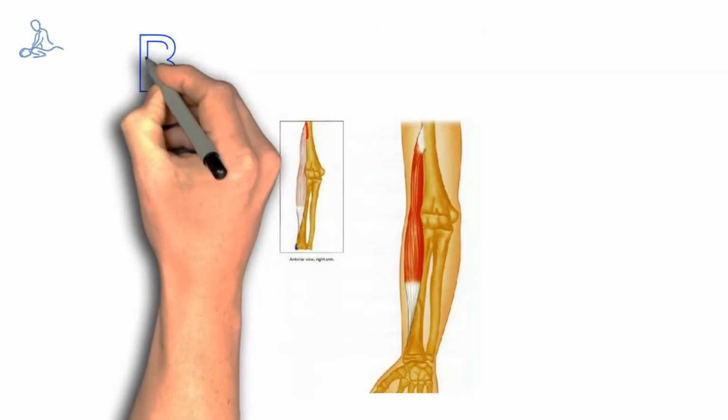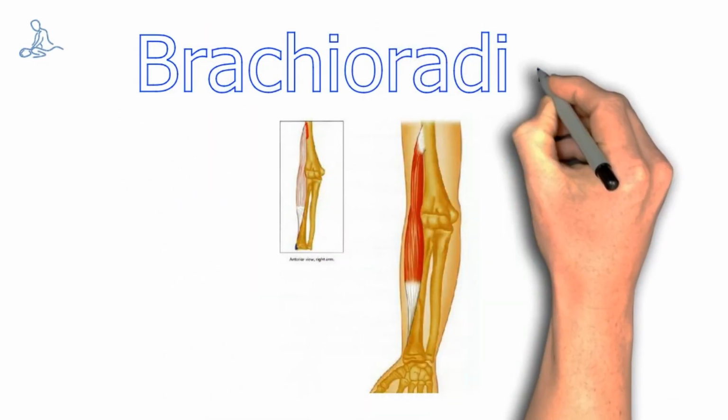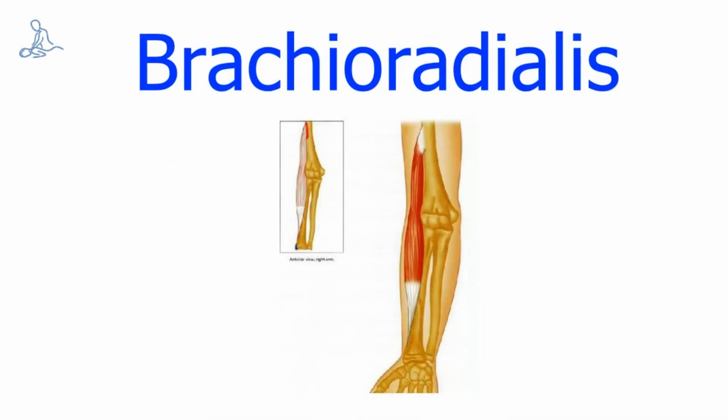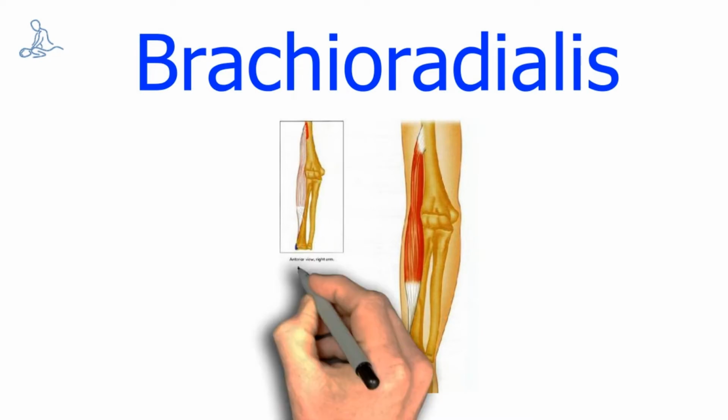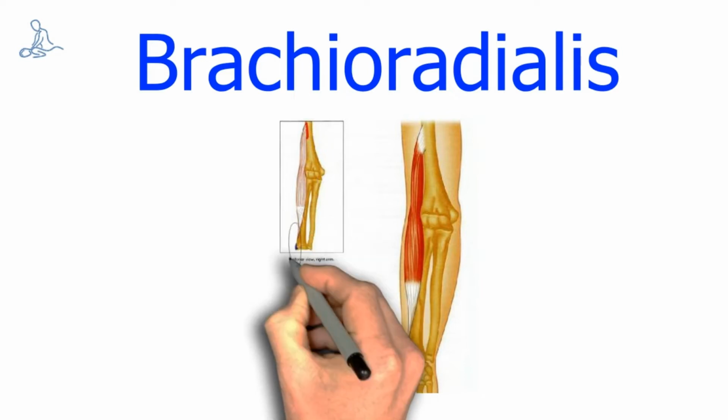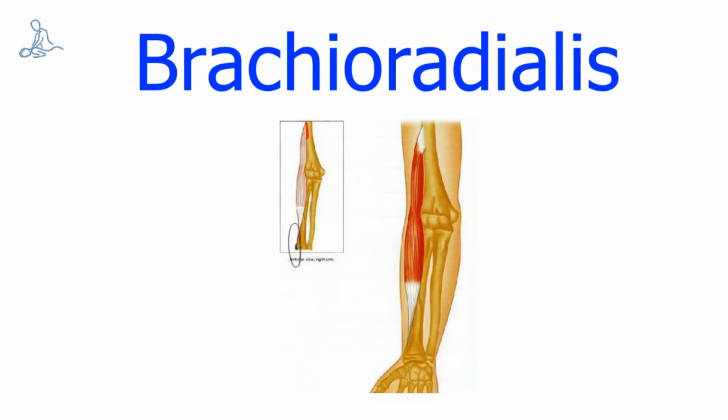Brachioradialis. The origin of the Brachioradialis is the lateral border of the distal humerus. The insertion of the Brachioradialis is the styloid process of the radius.